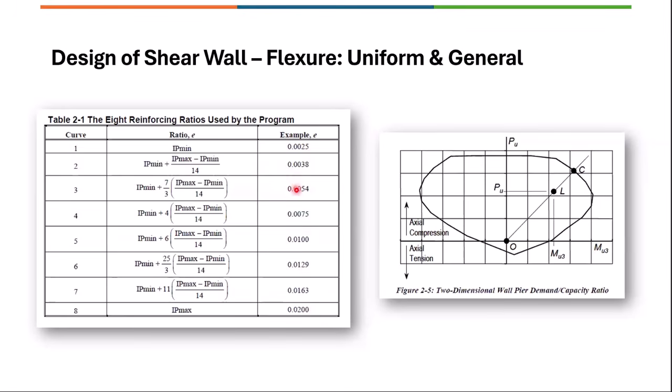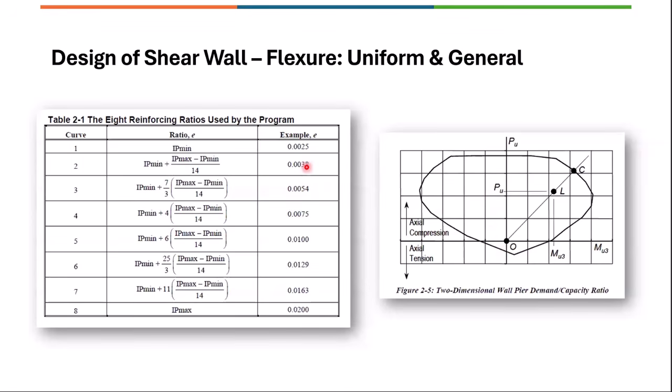Within that, you see 6 ratios between these two IP min and IP max values, so it will have several curves like this. One is shown here for clarity, with all the ratios.